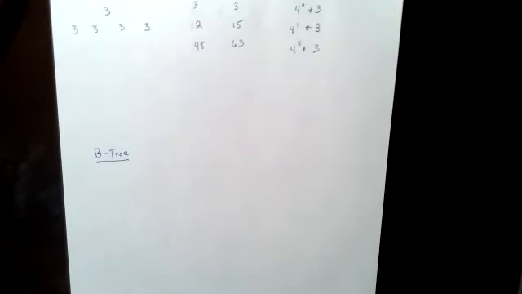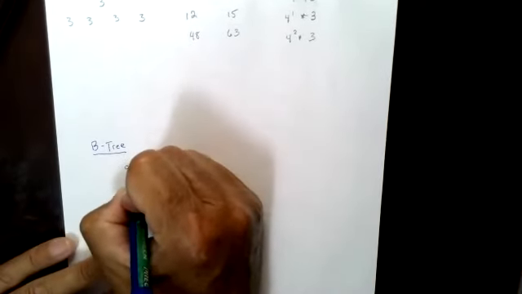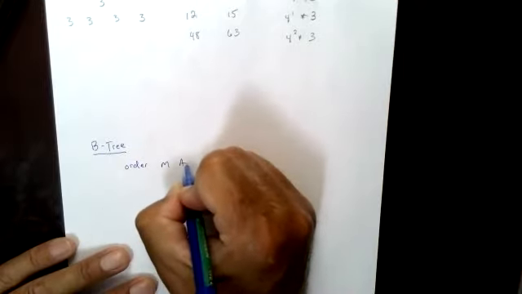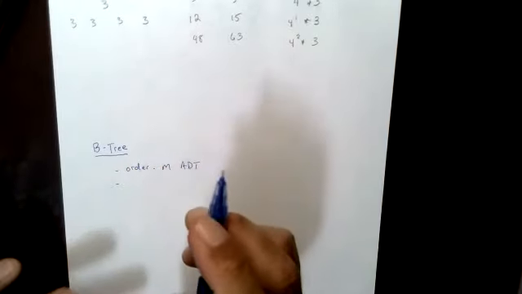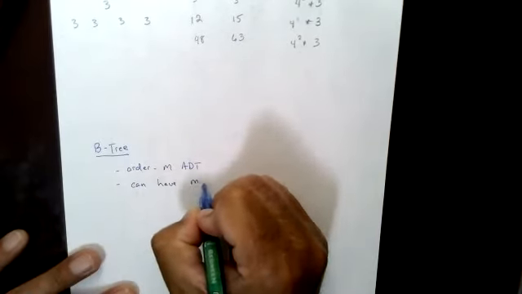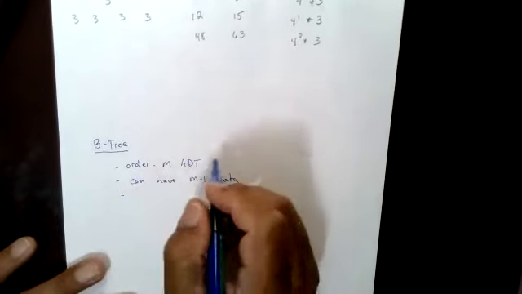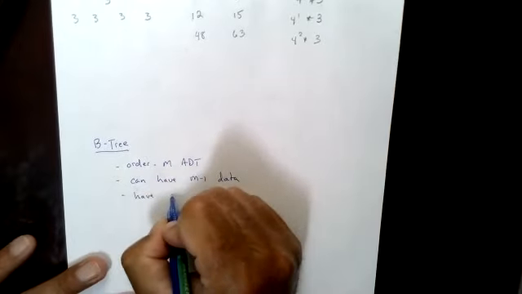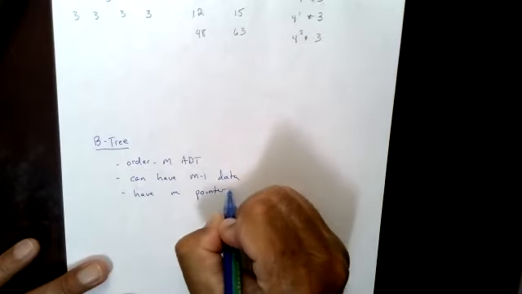A B tree is a tree where, you know, I have something we call an order M abstract data type, where, just like we've been doing with the 2, 4, 3 trees, you can have M-1 pieces of data, which means you would then have M pointers.